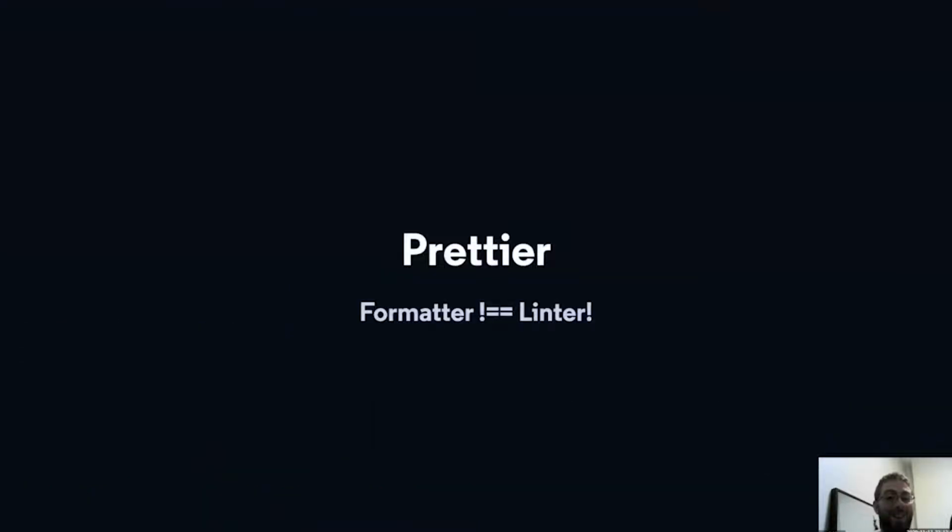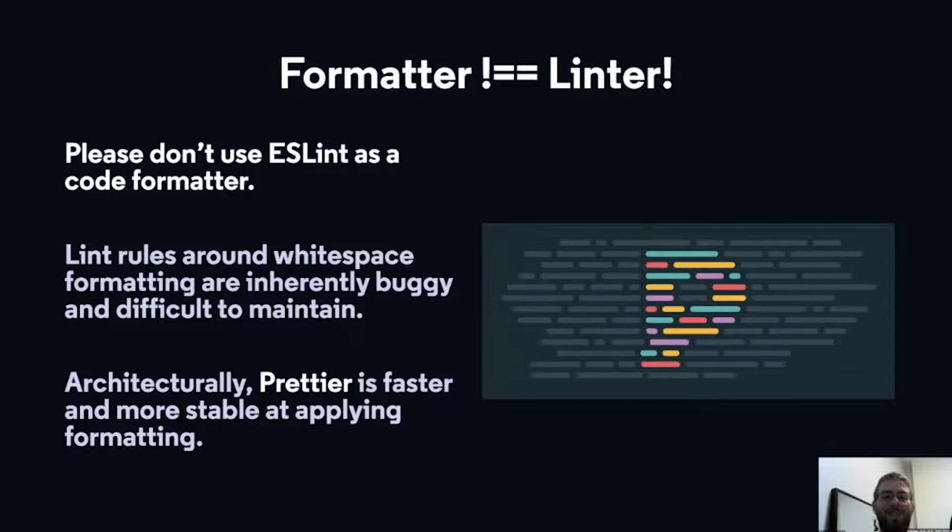If there's one other thing I very, very much desperately wish for you to take away from this talk, it would also be the concept of Prettier in regards to ESLint. It is not the same as ESLint. It has some pros and cons, and there are times when you'd use one or the other. Most importantly, please don't use ESLint as a code formatter. ESLint is a linter.